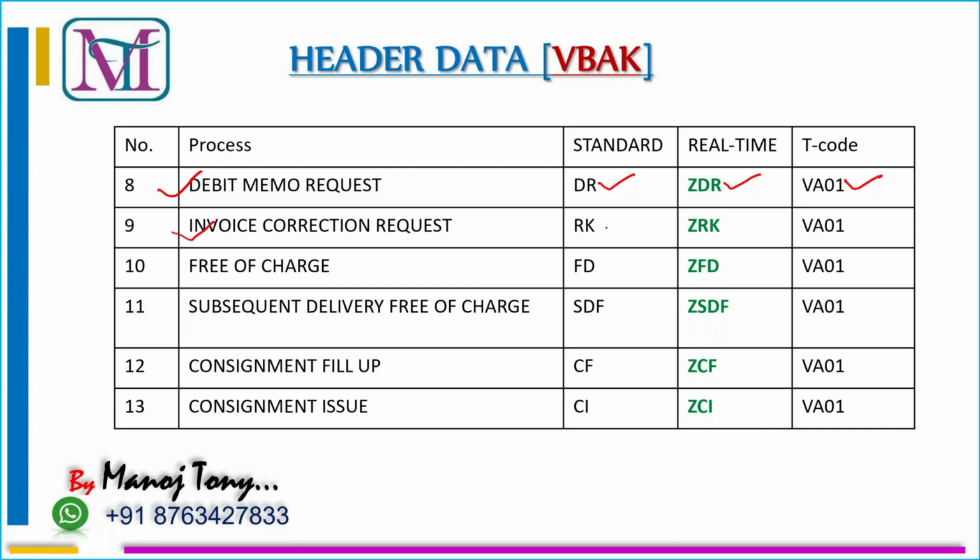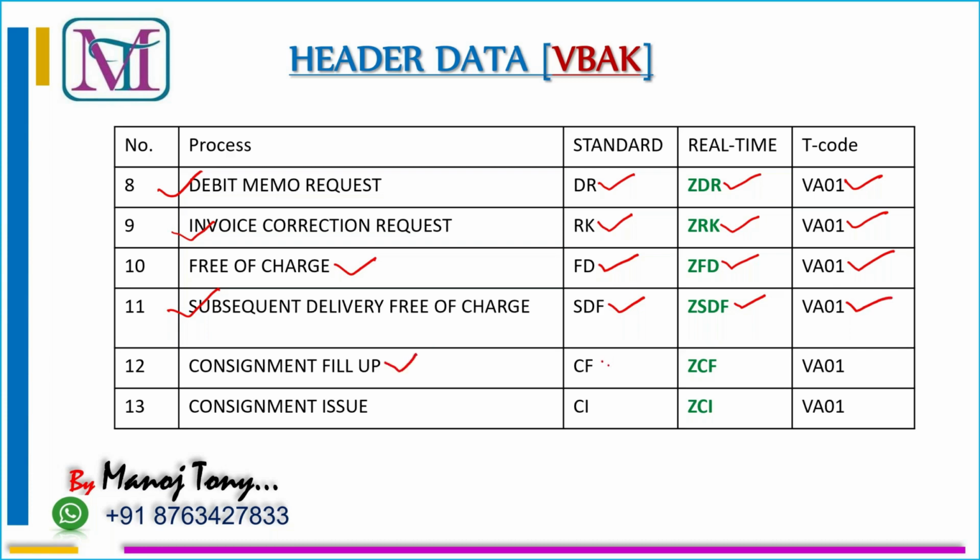Invoice correction request, RK, ZRK, transaction code VA01. Free of charge, sales document type FD, new ZFD, transaction code VA01. Subsequent delivery free of charge, SDF, new ZSDF, VA01.